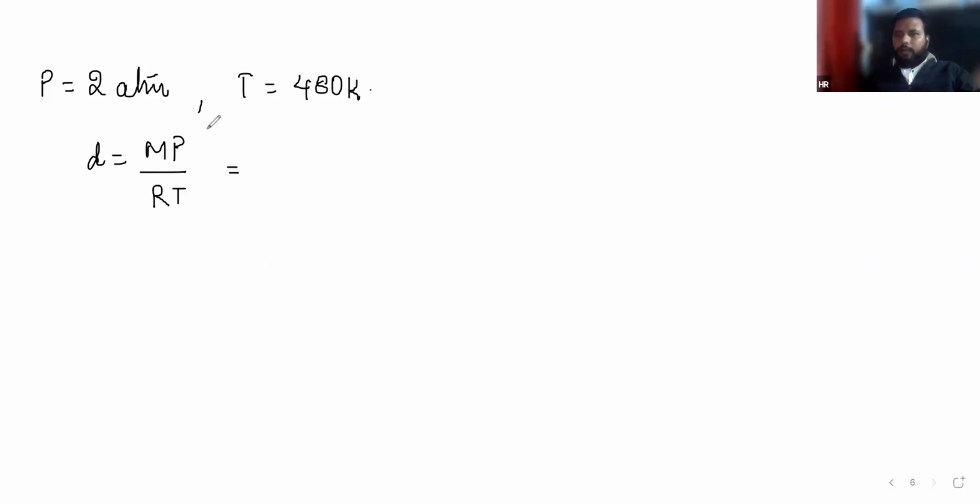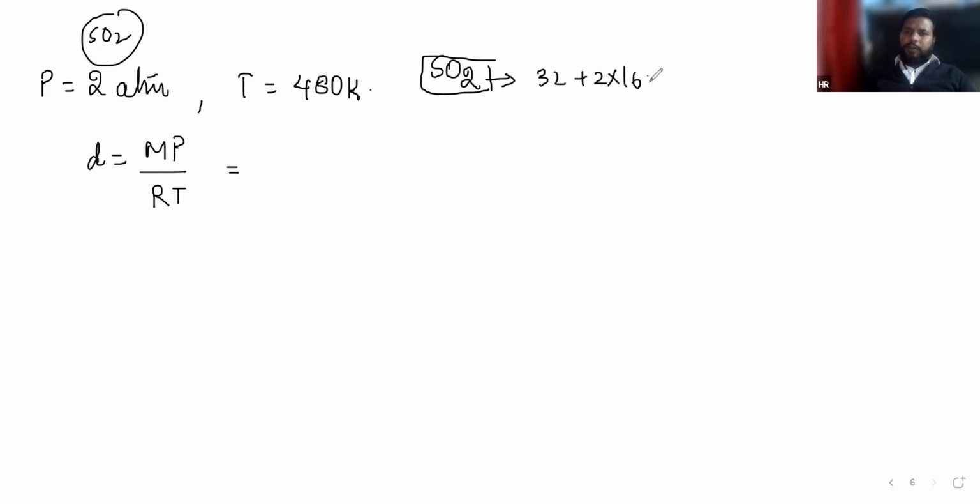What is the molar mass of sulfur dioxide? That is 32 plus 2 into 16, which equals 64. So we have molar mass 64.